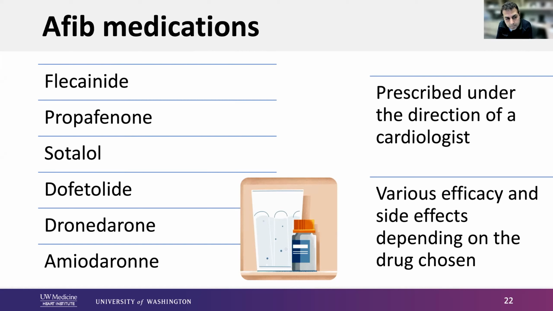And these drugs have to be monitored, and a lot of times they can have side effects, and just like with anything else that I've shown you already, it's always a balance of efficacy and what we're using the drugs for versus any possible side effects and using them safely.